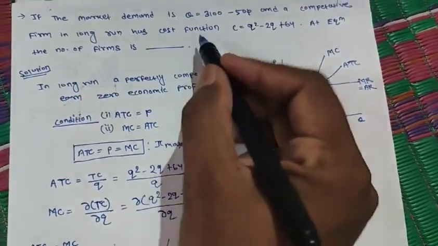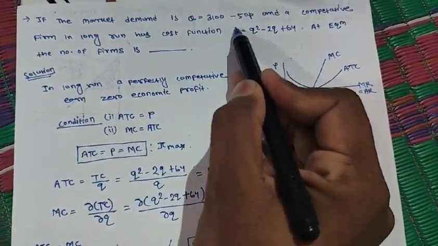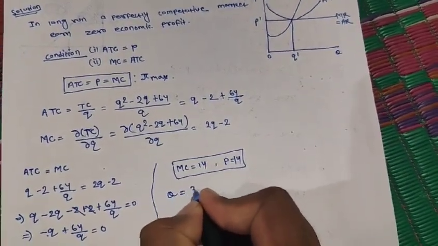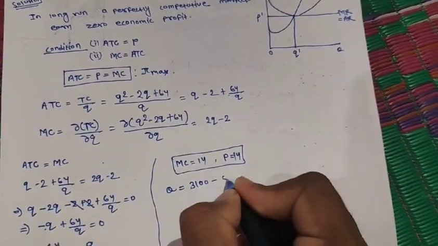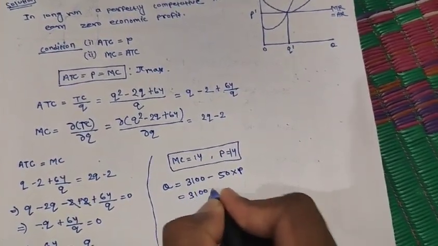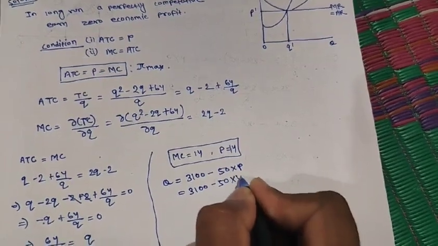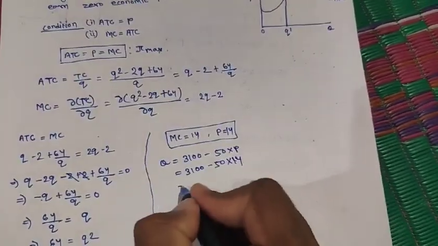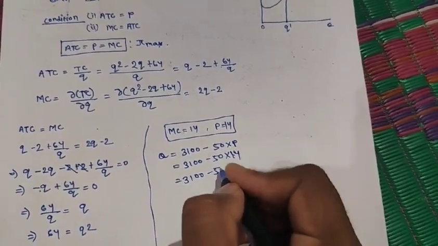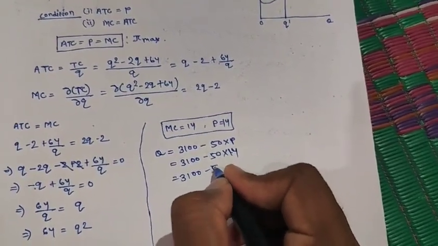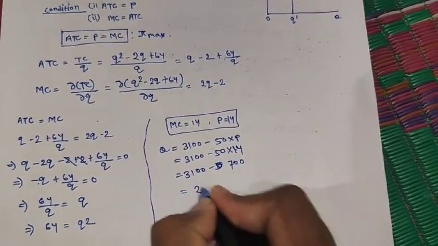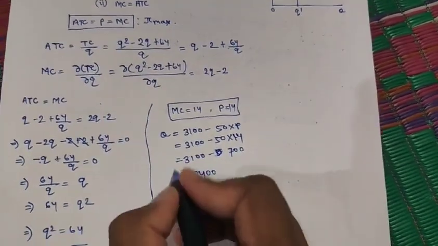The quantity function is given as 3100 minus 50p. Now total quantity is equal to 3100 minus 50 into price, so 3100 minus 50 into 14. 50 into 14 is 700, so that means 2400.